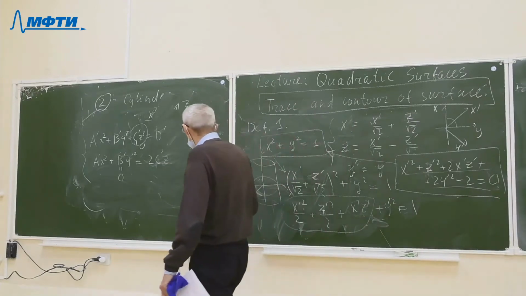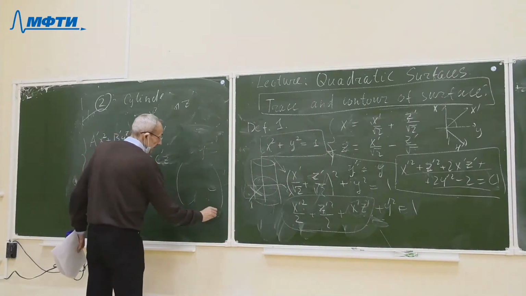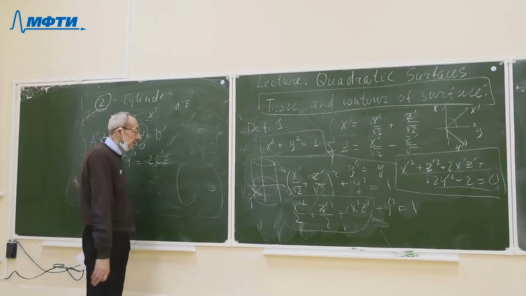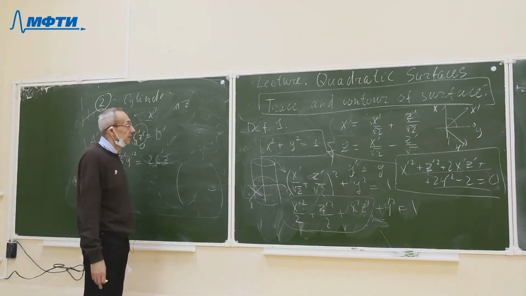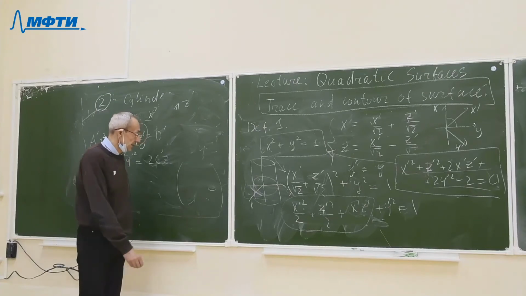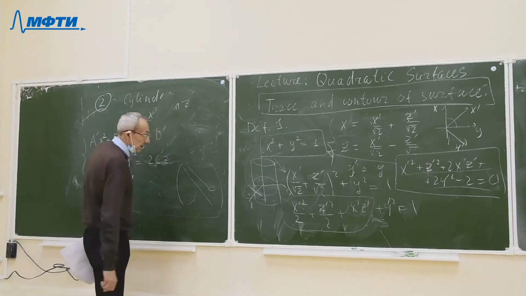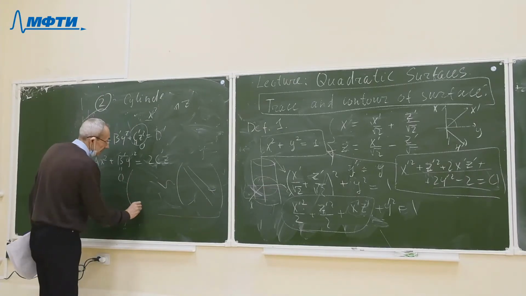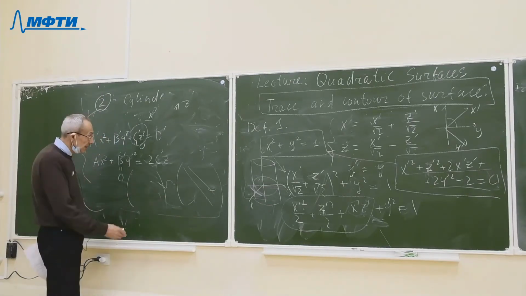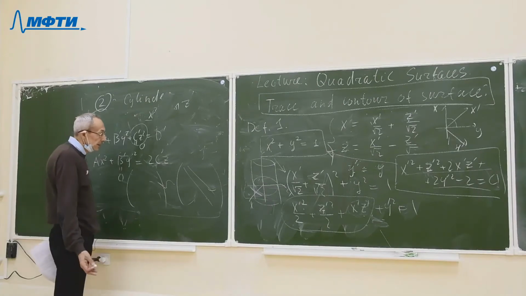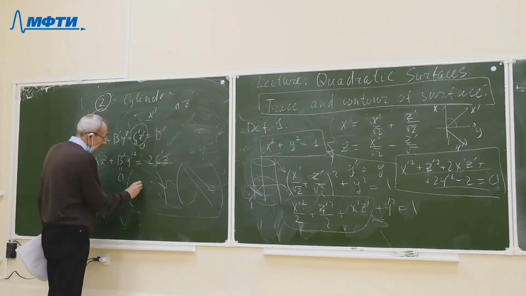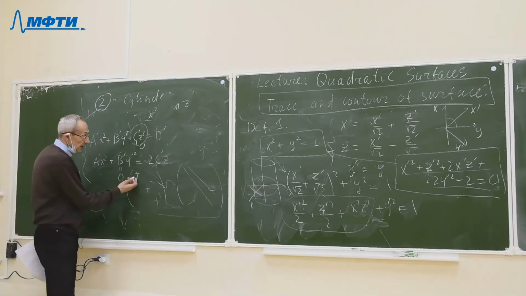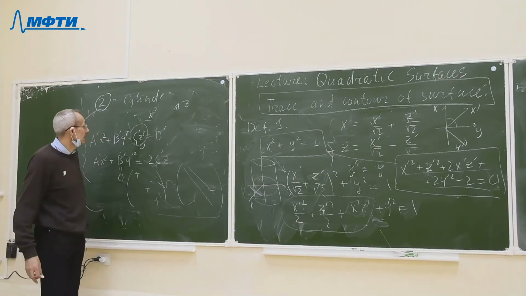For example, if we have the matrix of a quadratic form, an arbitrary symmetric matrix can be reduced to the diagonal form, with elements A, B, C on the diagonal.